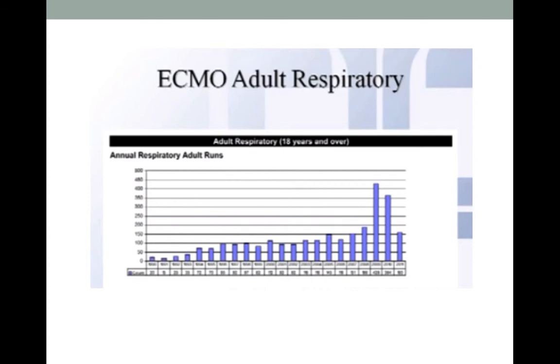Apparently in this study, patients who were deemed likely to die were put on ECMO, and they had a 71% survival rate, which sounds pretty good to me.